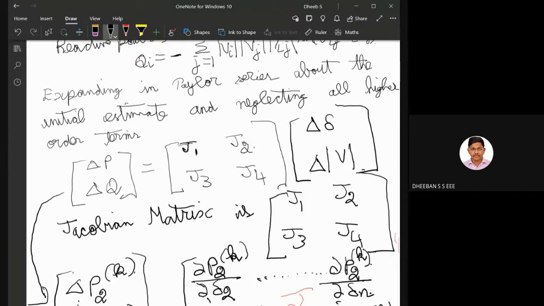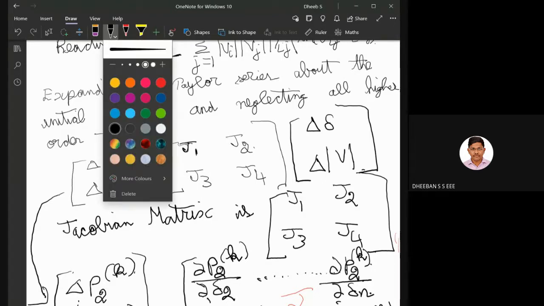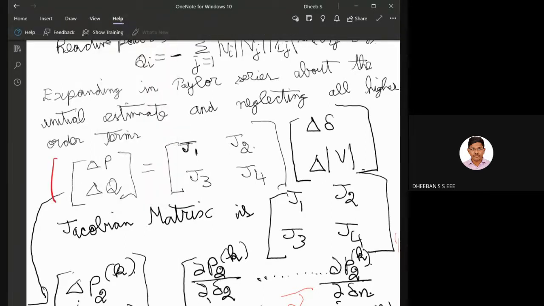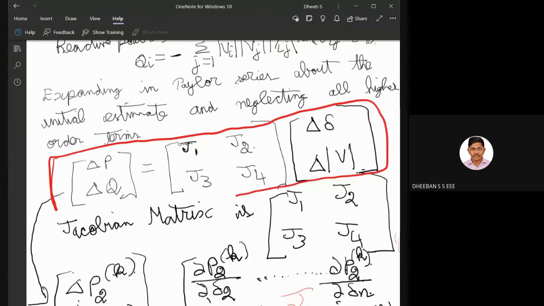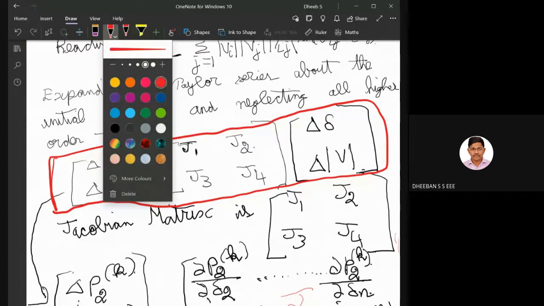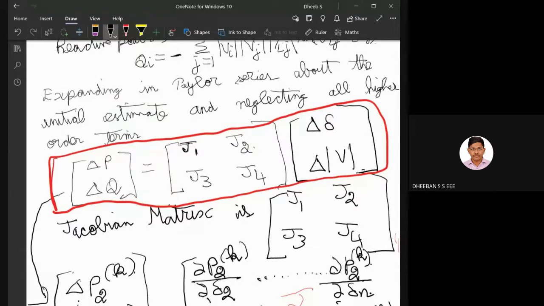Over here, the main equation to be solved is this equation. This is the main equation that we have to solve to find the load flow using the Newton-Raphson method. Okay, and now moving on.